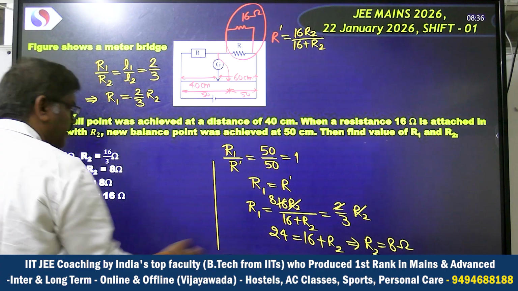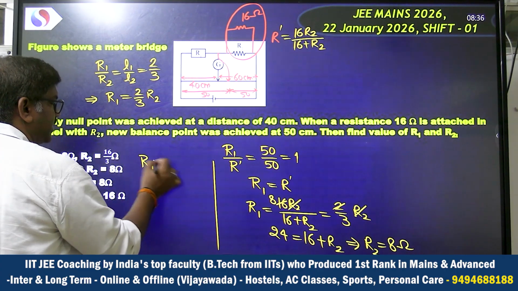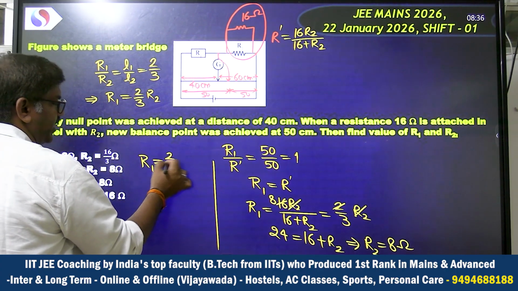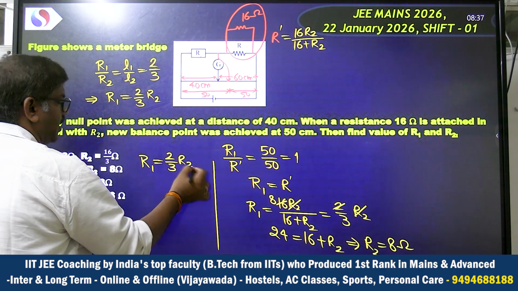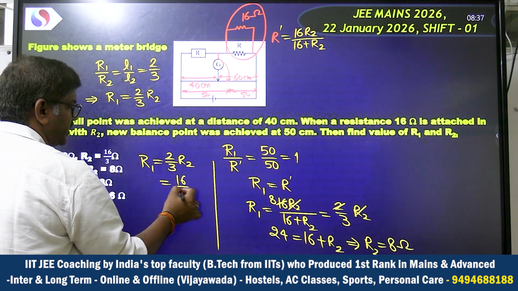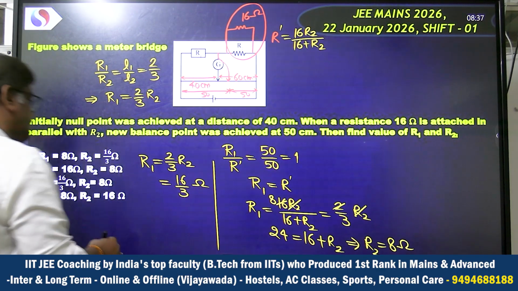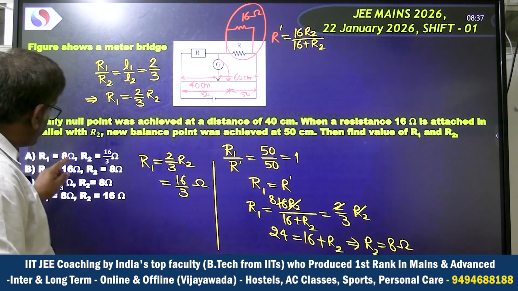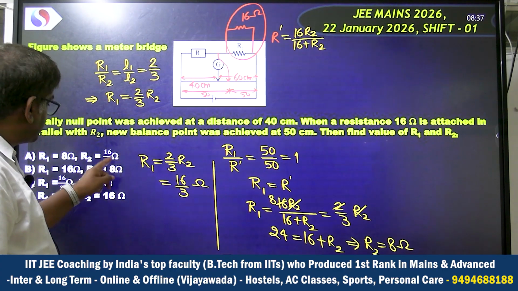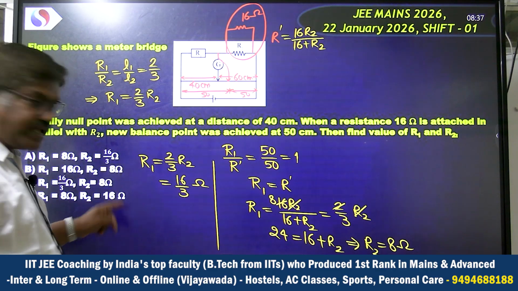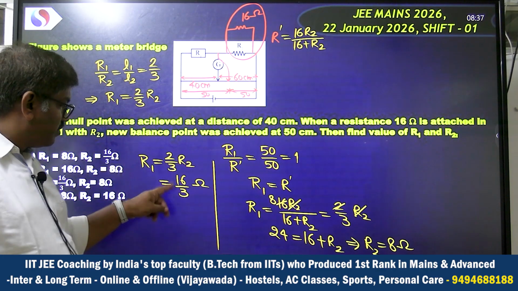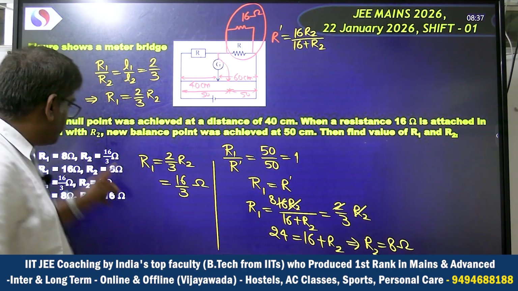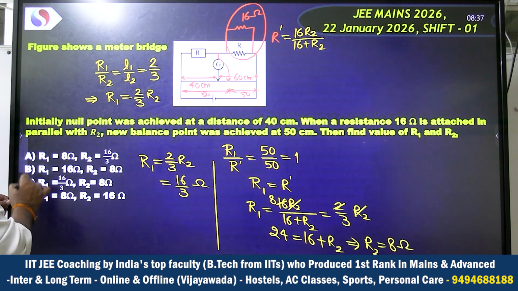What is the value of R1? It is 2 by 3 times R2, which gives 16 by 3 ohm. Don't get confused, both values are given: 8 and 16 by 3. We have to look out that R1 is 16 by 3 and R2 is 8 ohm. Don't go with the first option, go with the third option.